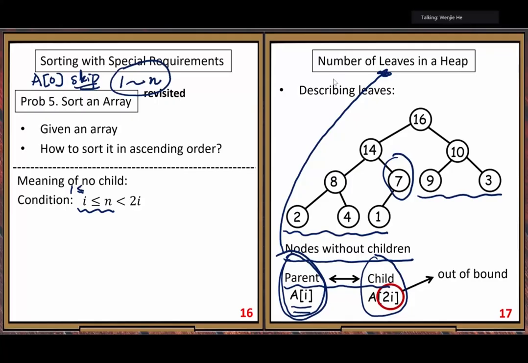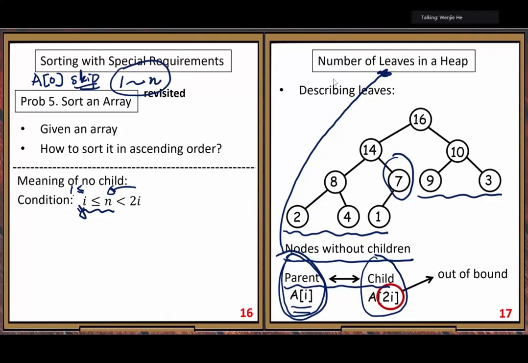All right. So the range, but when we double index i, 2i should be out of the range, strictly greater than n. Then we can say a node at index i must be a leaf node.